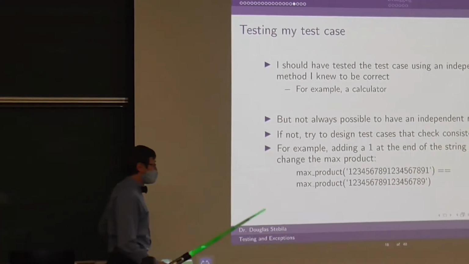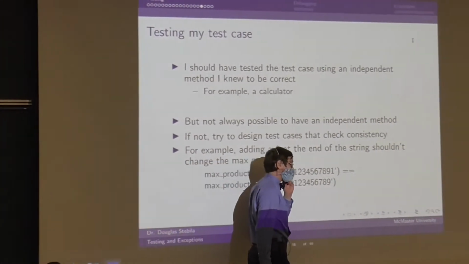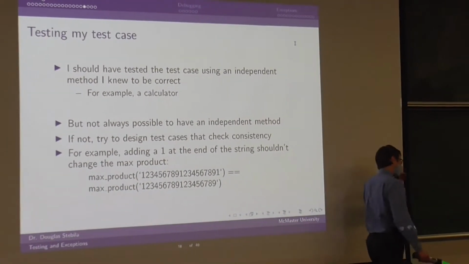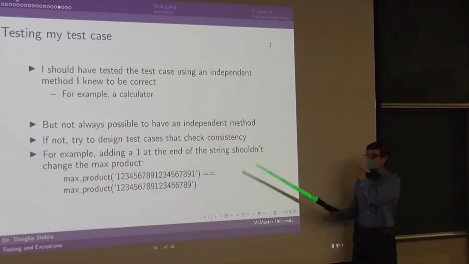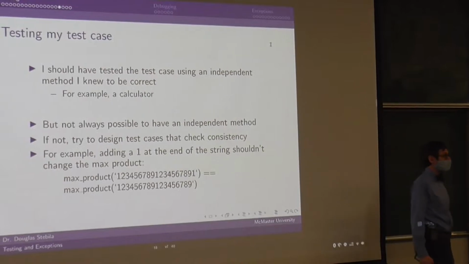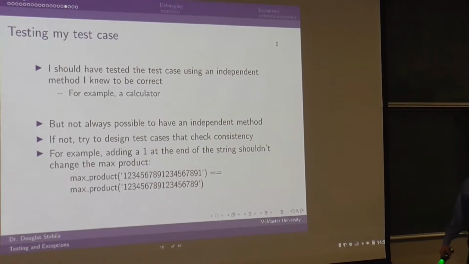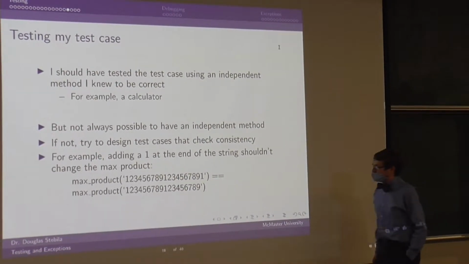It is not always possible to have an independent method of verifying these things. In this case, it's easy because we can just plunk it into any standard calculator and bing, bang, boom, Bob's your uncle.